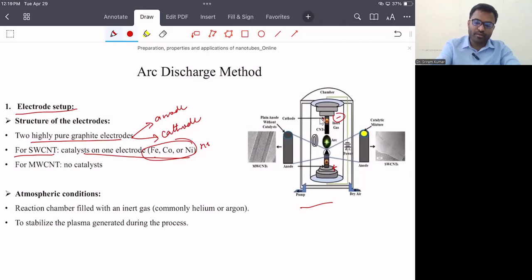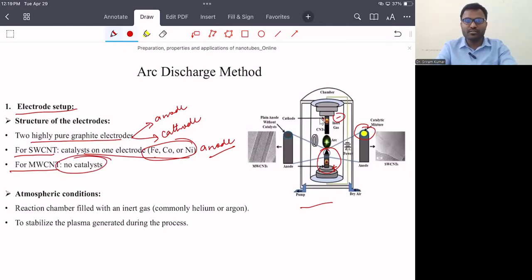So for single wall CNT, we use this catalyst material on the tip of the anode. And for multi-wall CNT, we don't need any catalyst. For example, here is the anode. If you want to develop multi-wall CNT, we just use a plain anode material, that is the graphite electrode.